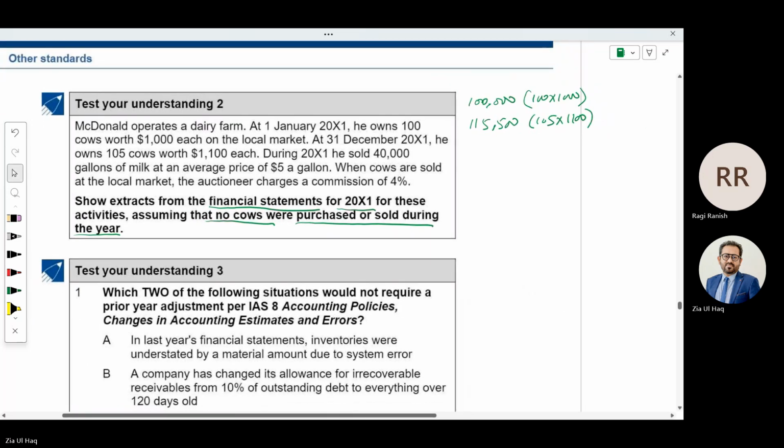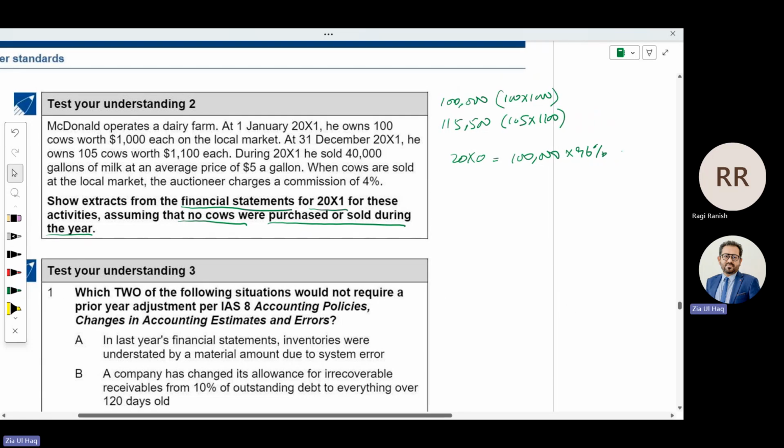This means at 31st December 20x0, the value is 100,000 less 4% commission, the point of sale cost. What was the asset value in the balance sheet at that time? Less 4%: if we want to deduct 4% from this, we can multiply it by 96%. The value is 96,000.